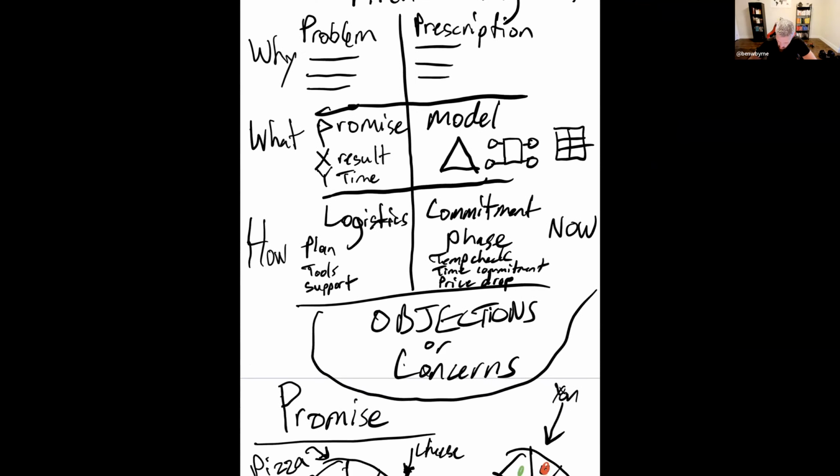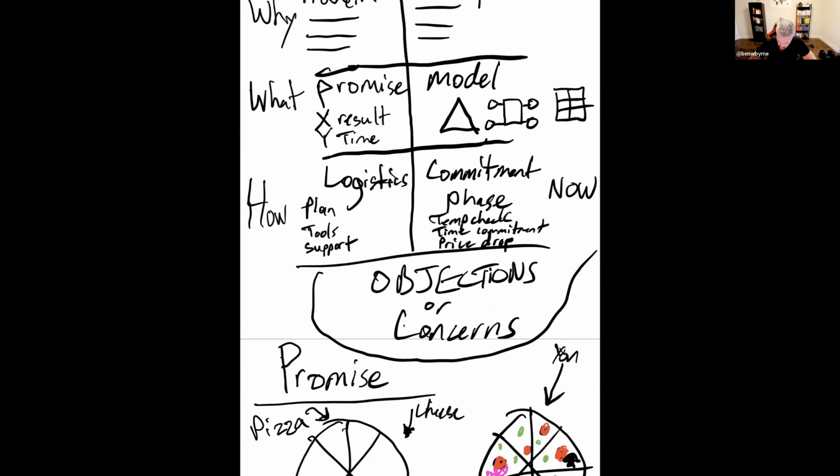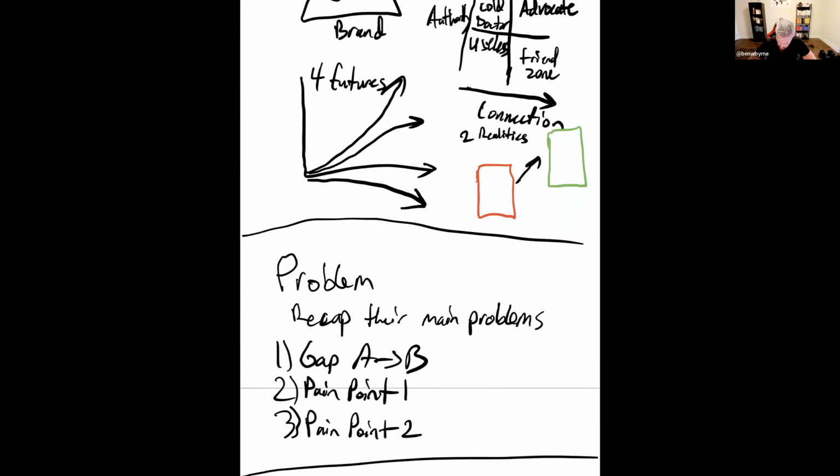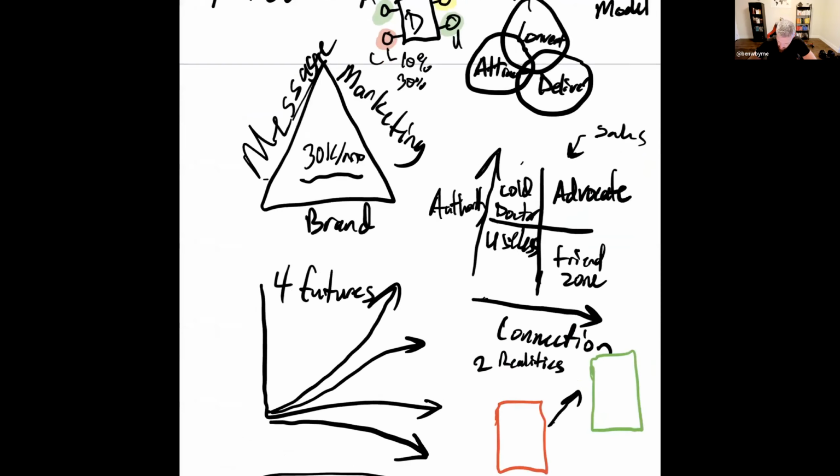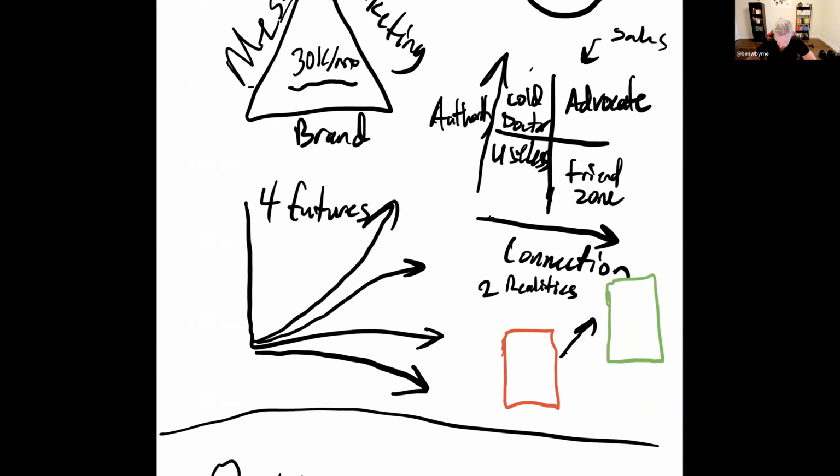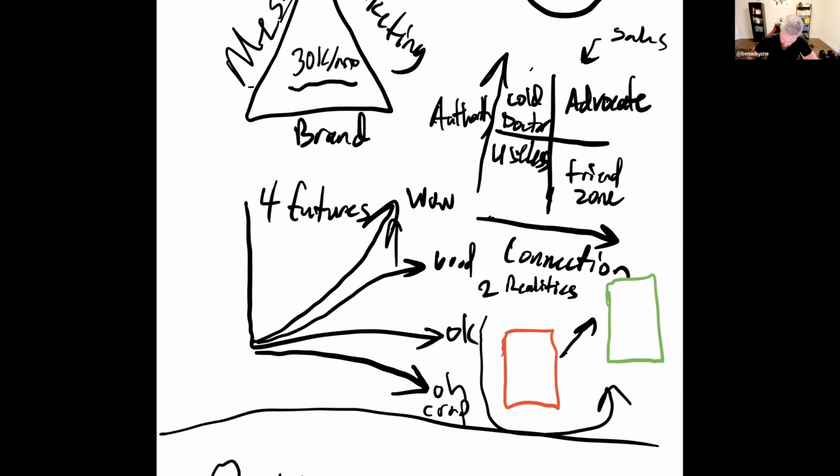So anyway, the models are just good for getting people to see stuff. The two realities, what I just mapped out, is essentially this. 4 futures, we could do 3 futures. Really, it's the wow future, the good future, the okay future, and the oh crap future. You say, if you work with me, you'll be up here.